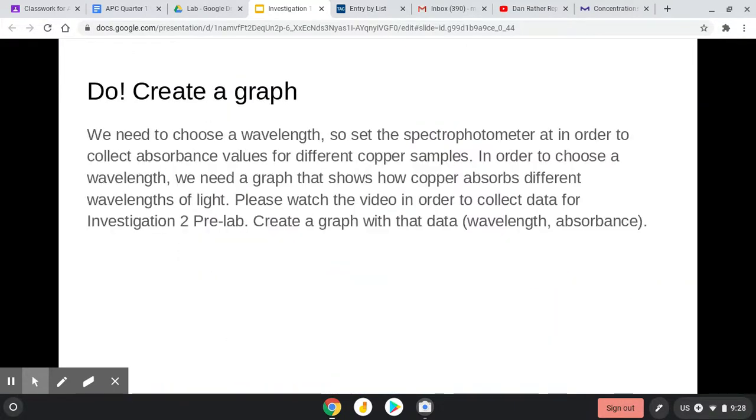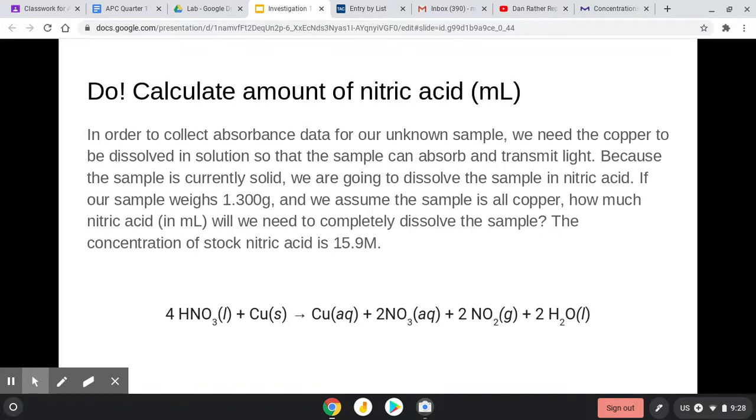You need to watch the video where we collect data for copper nitrate at the different wavelengths between 400 nanometers and 700 nanometers, and you need to create a graph that we can use in order to choose a wavelength. I also need you to calculate the amount of nitric acid we're going to need to completely dissolve our brass sample.